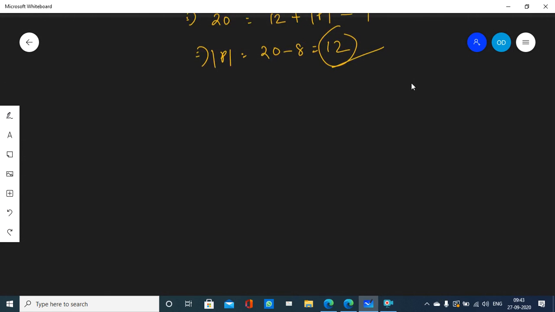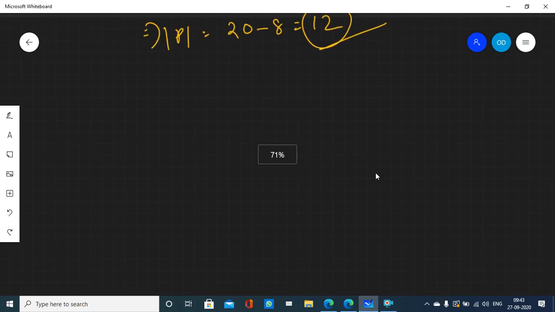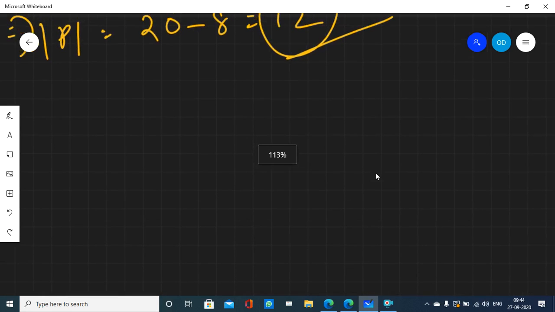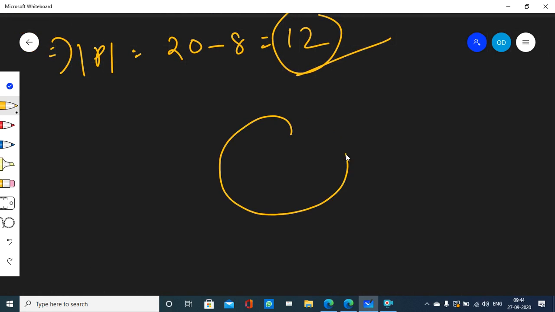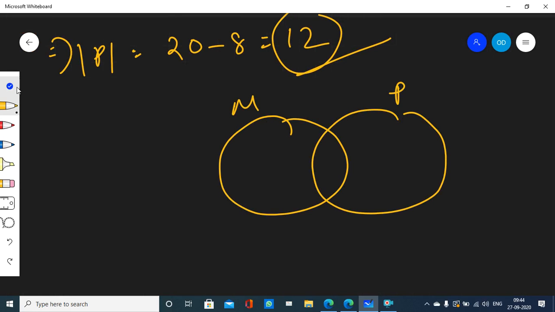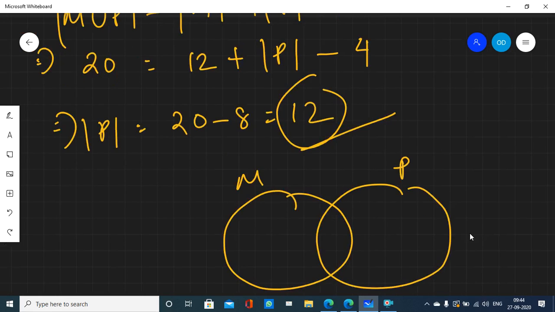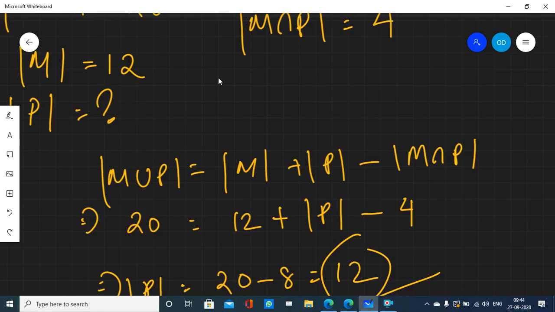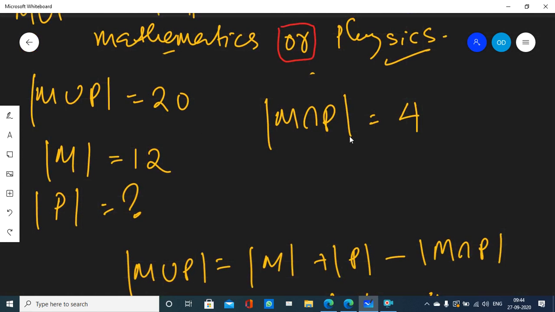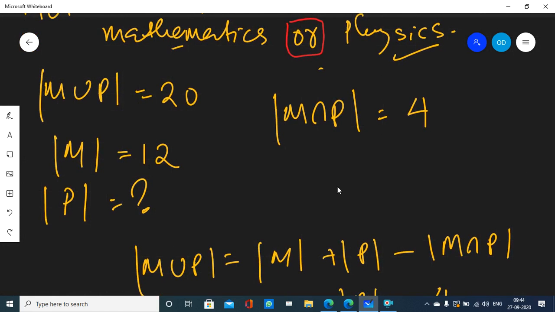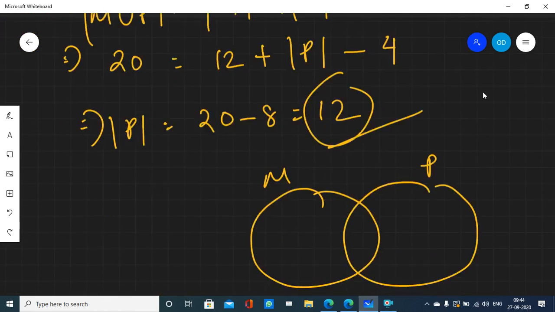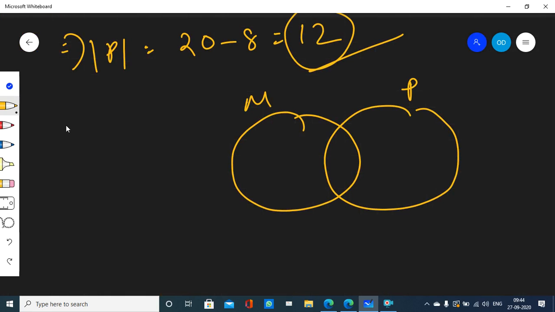Let me just show you, for the sake of fun, how many teachers lie in which region. This is set M, this is set P. First of all, 4 teachers teach both mathematics and physics, and 12 teachers teach mathematics. Where will those 12 teachers be?